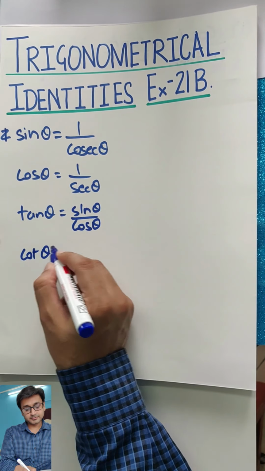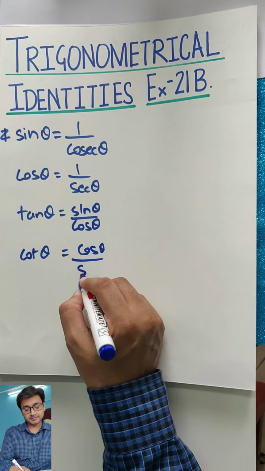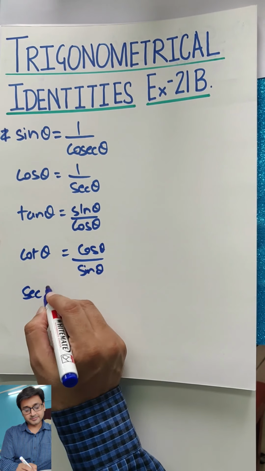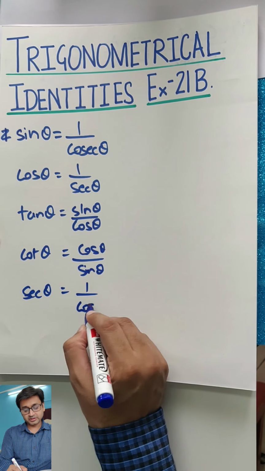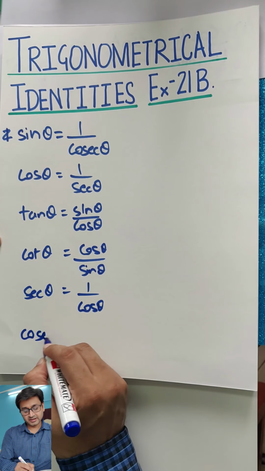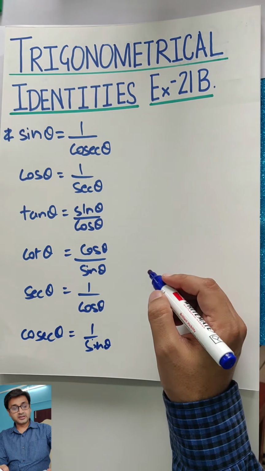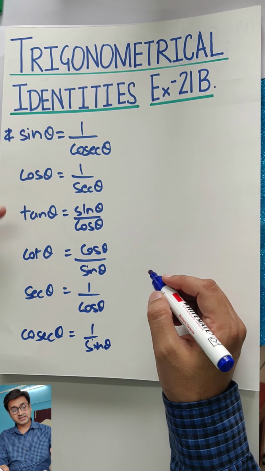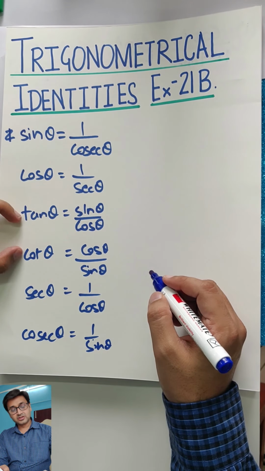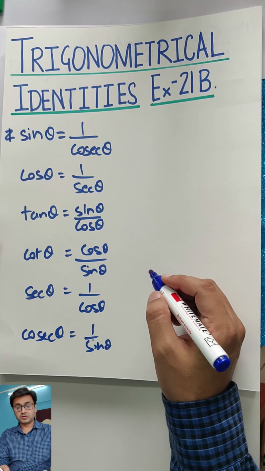Cot theta, cos upon sine. Sec, 1 upon cos, and cosec, 1 upon sine. So they are all interlinked reciprocal ratios, first and last, second and second last, and these two with sine cos and with each other also.